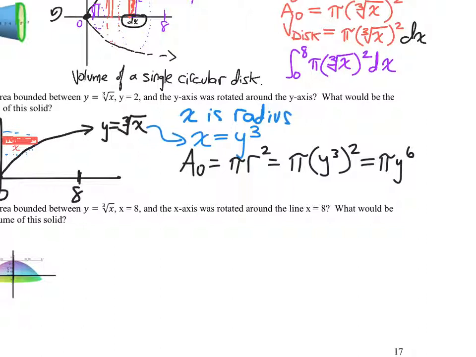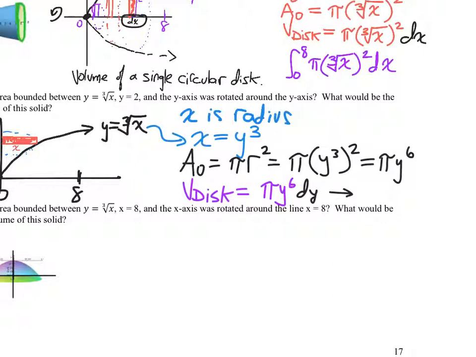If you're unsure, resist the urge, because the number of people who have put pi y to the 5th over the years is more than I'm comfortable with. Your calculator understands order of operations better than we do, so let it do the work. All right, power to a power, you multiply the exponents though. So the volume of your disk is going to be that area, pi y to the 6th, with thickness dy.